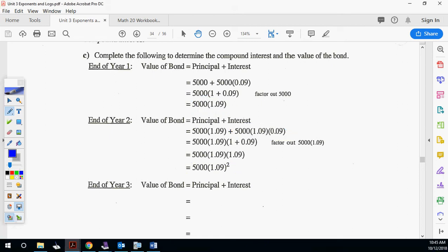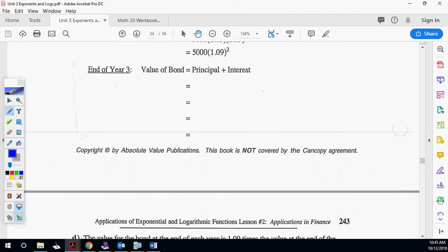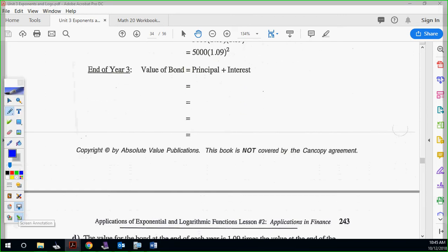So let's look at year 3 now. Year 3 would be 5,000 times 1.09 squared plus 5,000 times 1.09 squared times 0.09. It's what you have now plus 9% of what you have now.